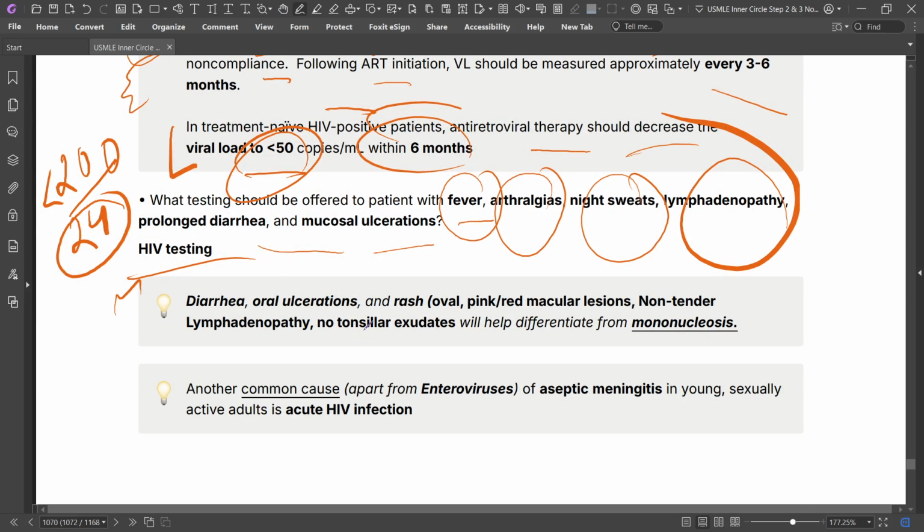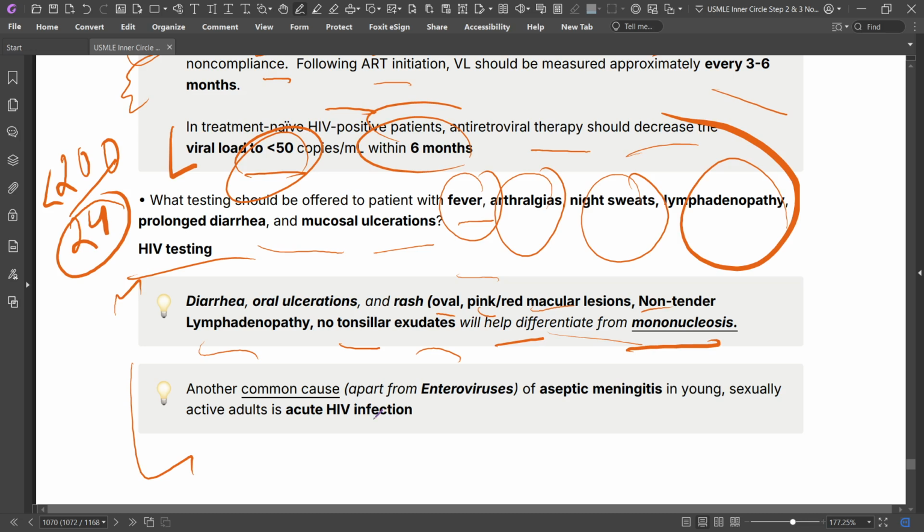Diarrhea, oral ulceration, and rash, with oval, pink-red macular lesions, non-tender lymphadenopathy, and no tonsillar exudate, will help differentiate from mononucleosis.